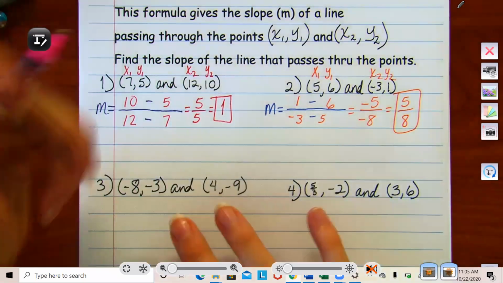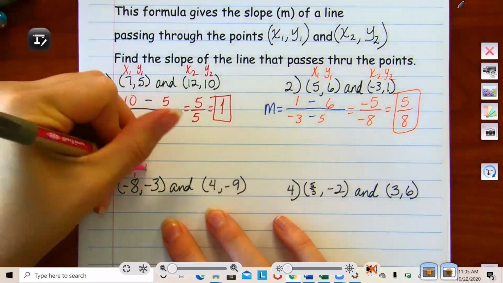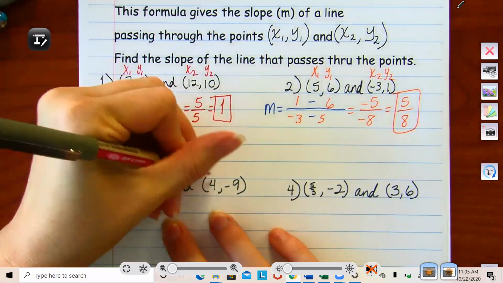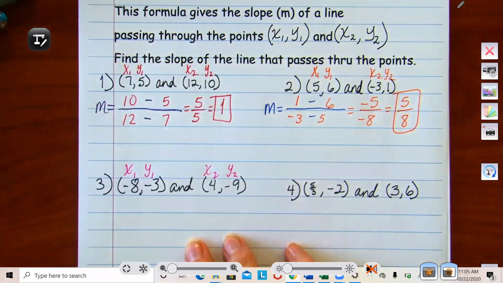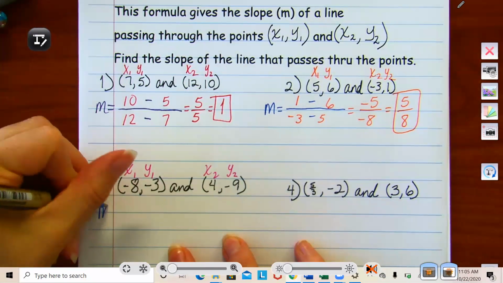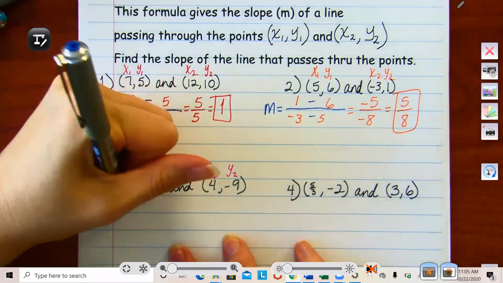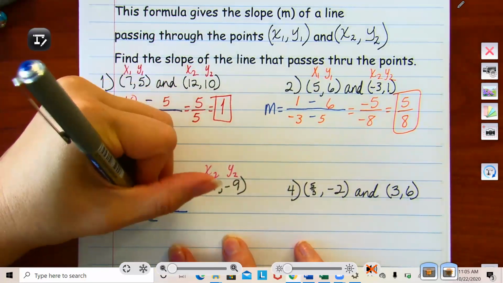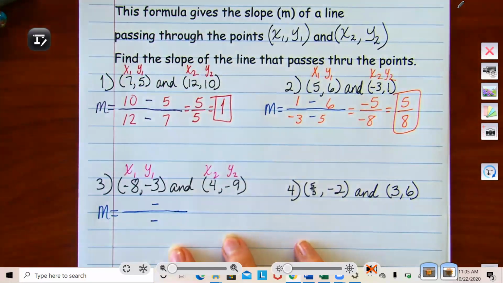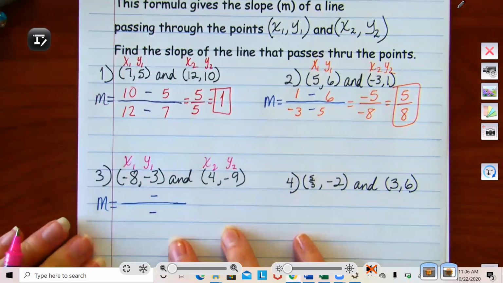Number 3, same thing, x1, y1, x2, y2. So this is where it's really important to make sure that you've got the subtraction from the formula, and because you've got all these negative numbers here, you have to make sure we have all the negative signs, all the subtraction signs, everything.